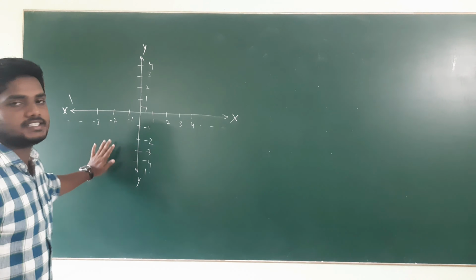Now, before that, if they give any linear inequality in two variables, linear means highest power one, how to solve and how to represent it? First of all, remember the process. First of all, the given linear inequality, we need to convert into an equation first. It may be less than or equal to, greater than, less than, or greater than.